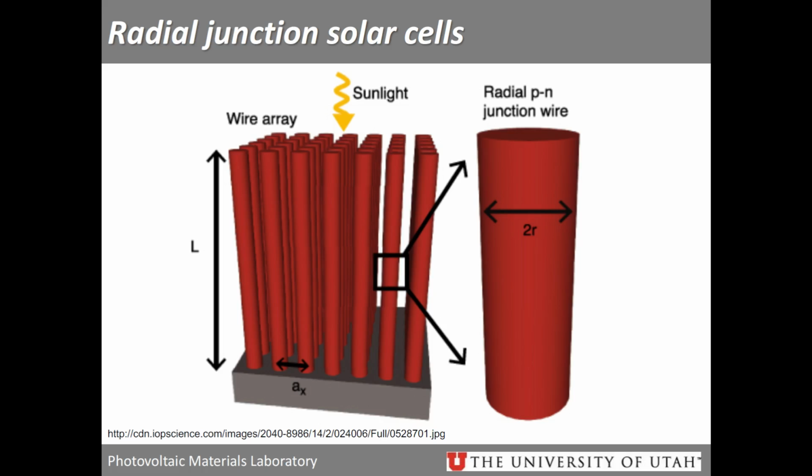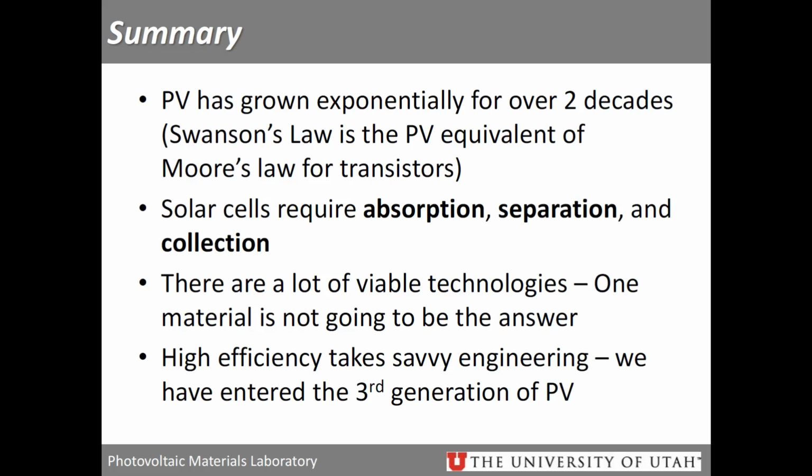What if, instead of all these single materials, you make pillars, rods, or wire arrays of materials which can help in capturing the solar light and trapping it within the solar cell itself.